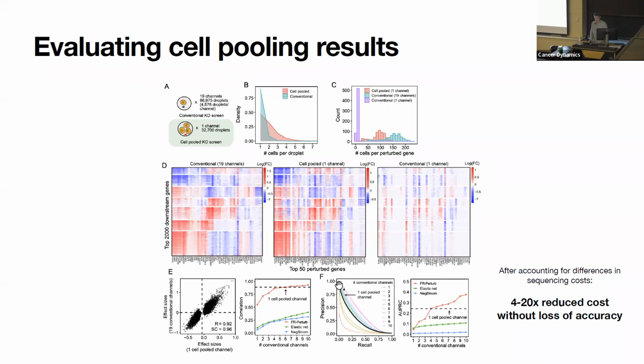Do we recover the real effects that we learn in the validation data, and how many conventional channels do you need to have the same precision recall as you get with the compressed channel? Again, you can slice and dice different ways, use different computational methods, and look at sensitivity or specificity. And so we just end up with this range.